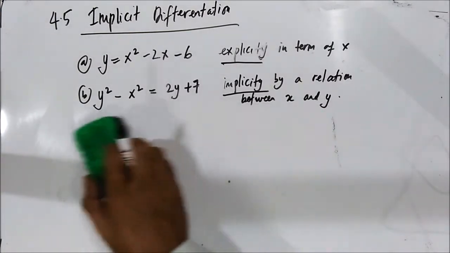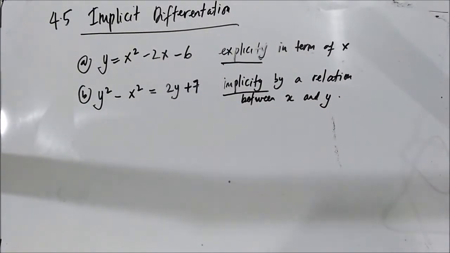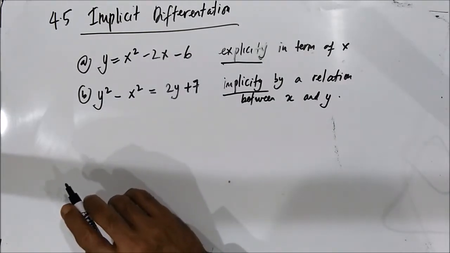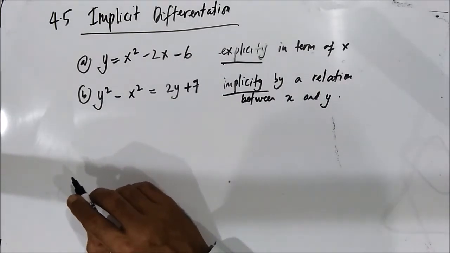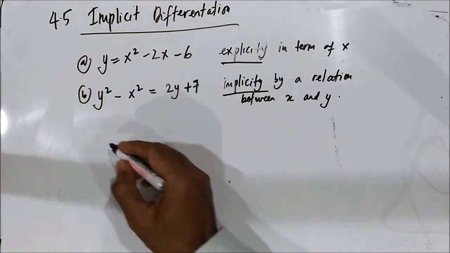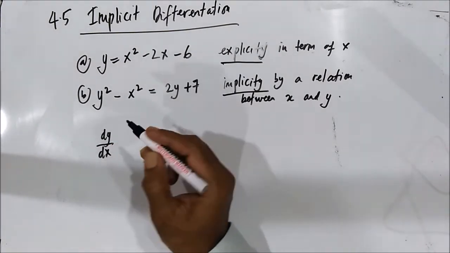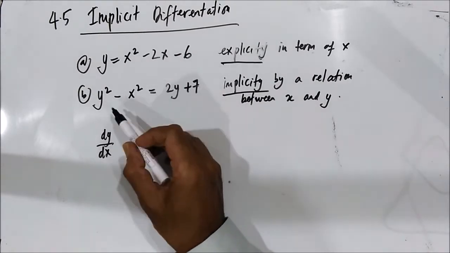Now look at question b. y squared minus x squared is equal to 2y plus 7. I want to find y prime, or dy/dx.